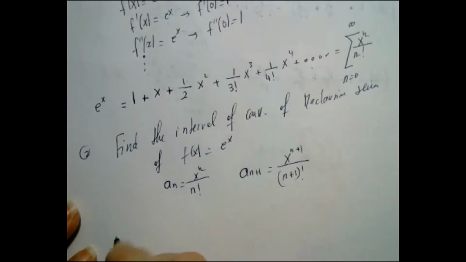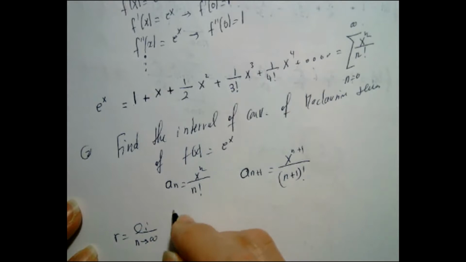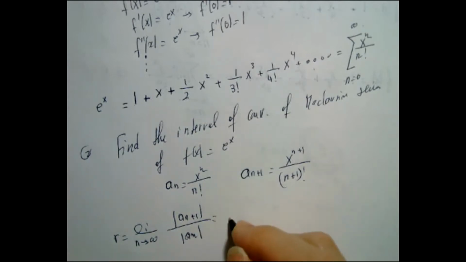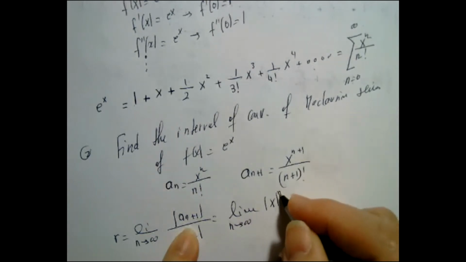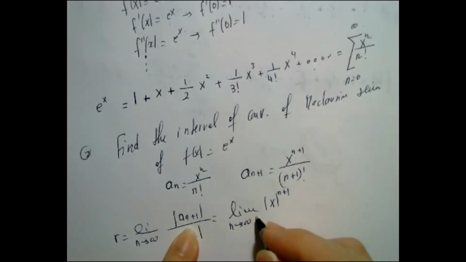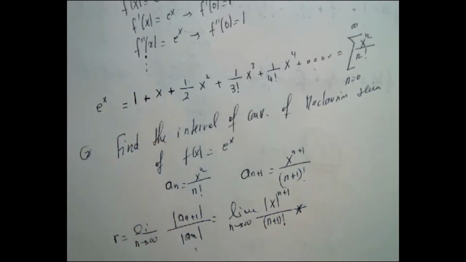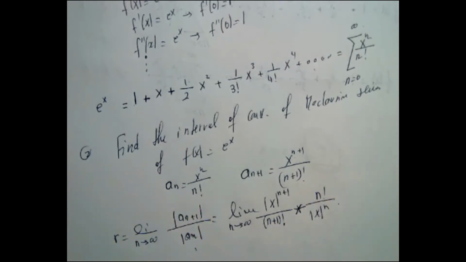And how do we find the interval of convergence? We take the ratio, and then we ask ourselves which x's make the ratio less than 1. So if we do the ratio here, a_(n+1) is going to become x to the n plus 1 divided by the quantity n plus 1 factorial. Divided by a_n is like multiplying by n factorial over x to the n.